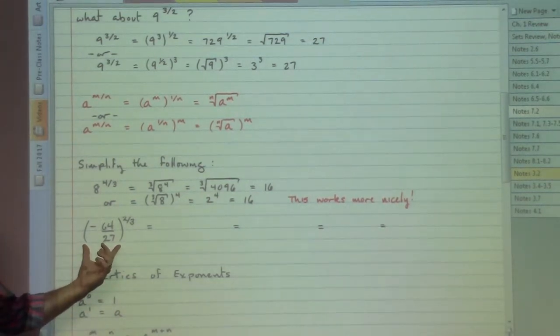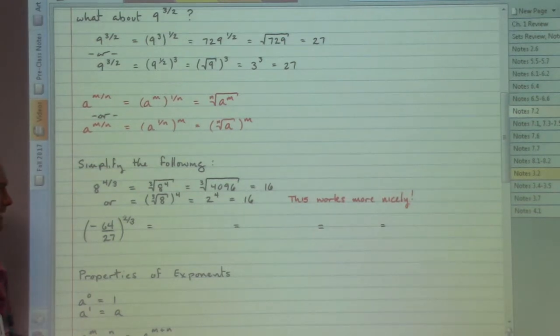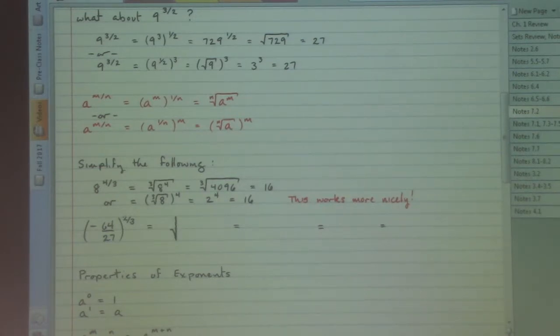So in this particular case, my suggestion would be to follow that lead, and let's deal with the root business first. So we would say, let's look at taking a cube root of the number negative 64 over 27, and after addressing that cube root, we will take care of the power from the top, which is a 2.